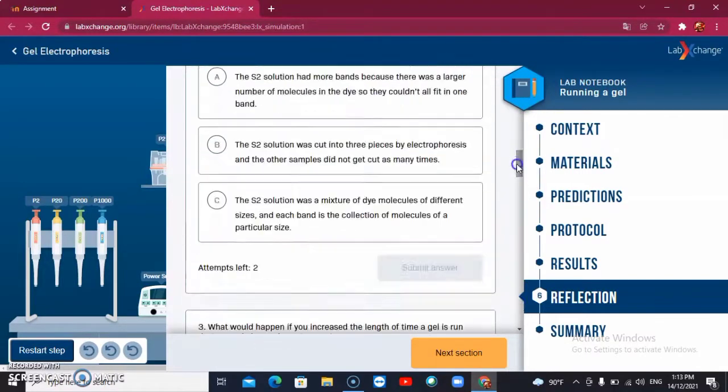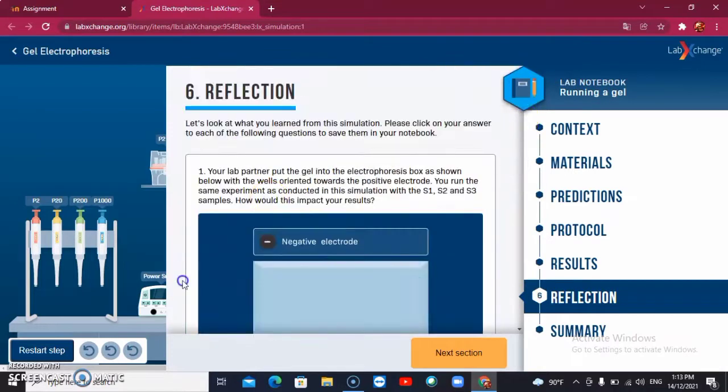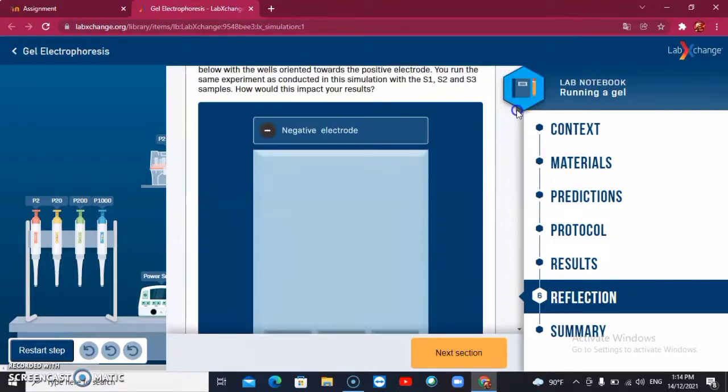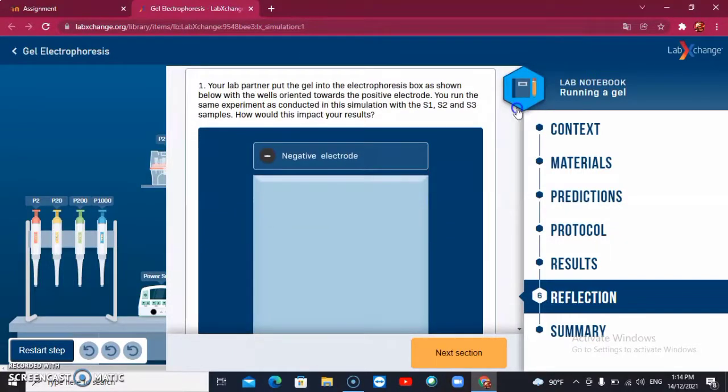This is the question below. The first question is, your lab partner put the gel into the electrophoresis box as shown below with the well oriented toward the positive electrode. So you run the same experiment as conducted in the simulation with the S1, S2 and S3 samples.